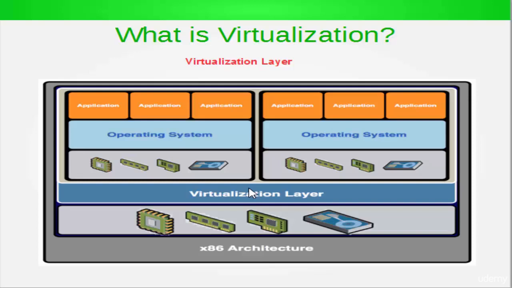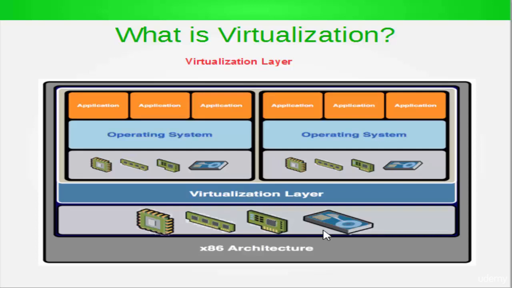This would result into having a virtual RAM, a virtual hard disk, a virtual network card, and a virtual processor. Now what else does the virtualization layer do? The virtualization layer gives me the ability to install more than one operating system at the same time on one computer, and each operating system has a virtual hardware reserved from the physical hardware.